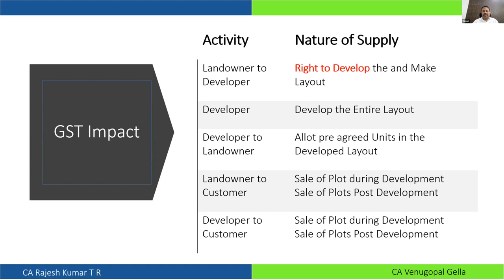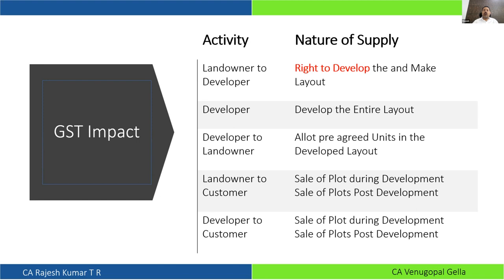The definition of goods, which we commonly understand, is movable, etc., whereas service is defined to be anything other than goods. So the question which comes up is, when the statute is using the word anything, can it include even an immovable property?